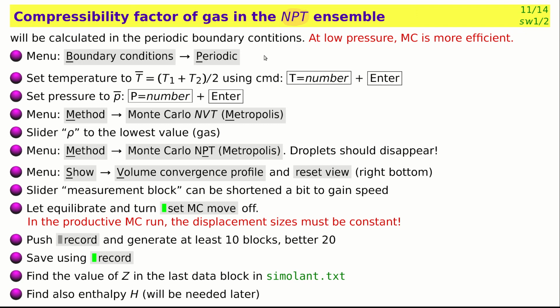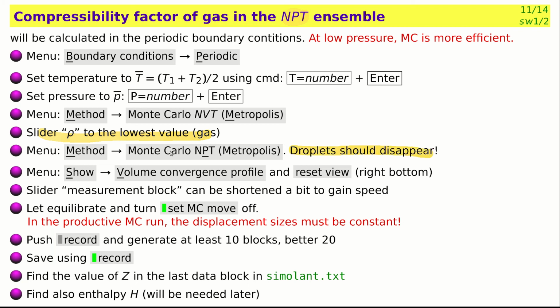There are several steps because we cannot easily switch just to NPT, so we first must prepare the system that is either gas or later a liquid. We start with gas. So to do this, we must first set the density to a very low value, so that we simulate gas and there are no droplets there.